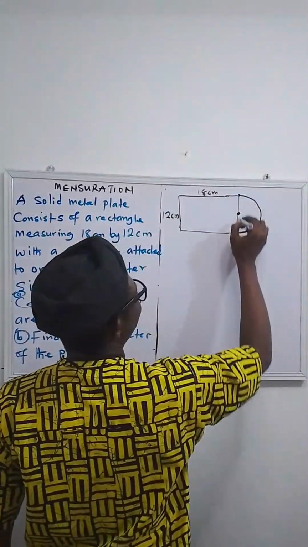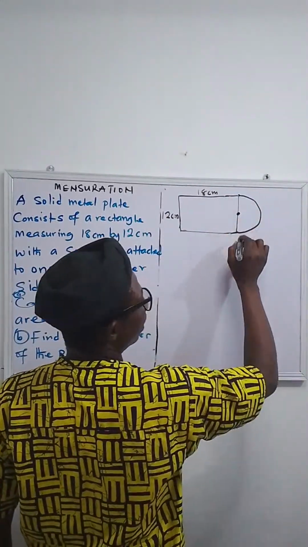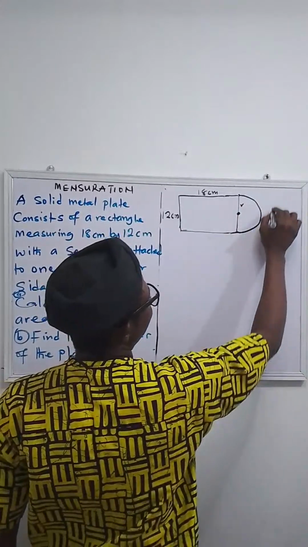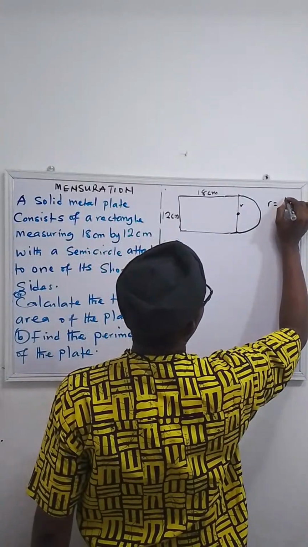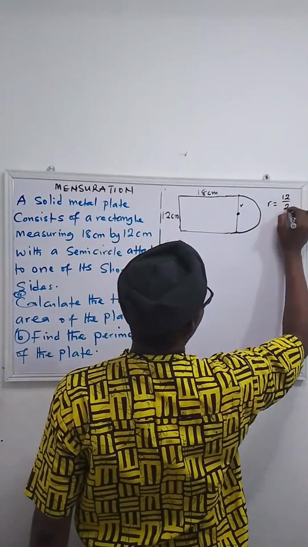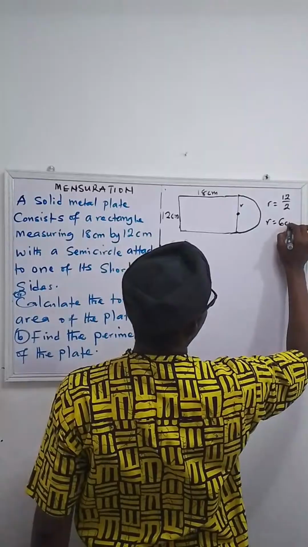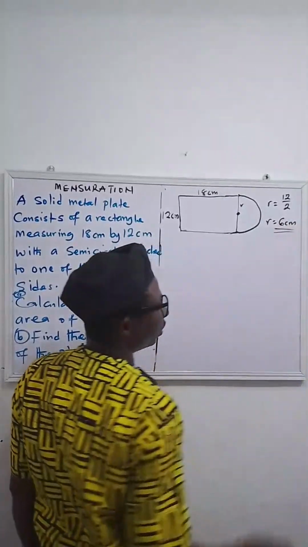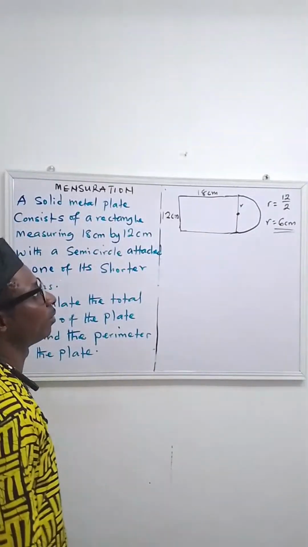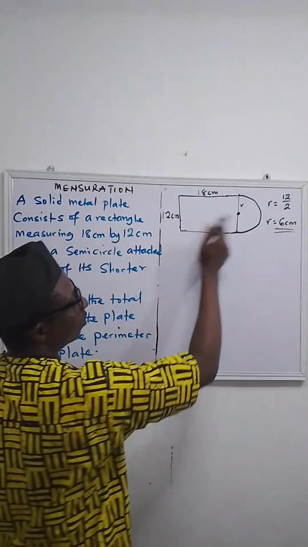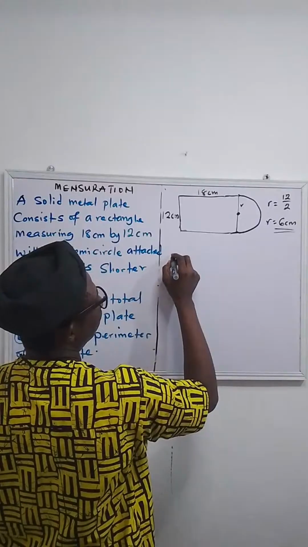From here to here is 12 centimeter. So R now is going to be 12 over 2, and that gives you 6 centimeter. So this is the radius.